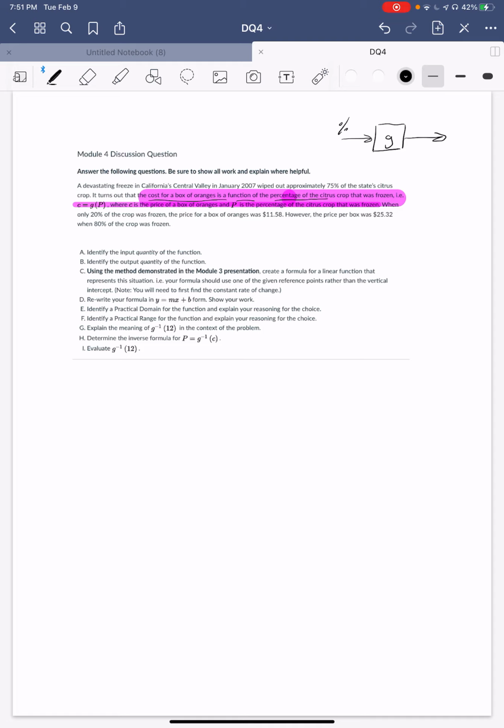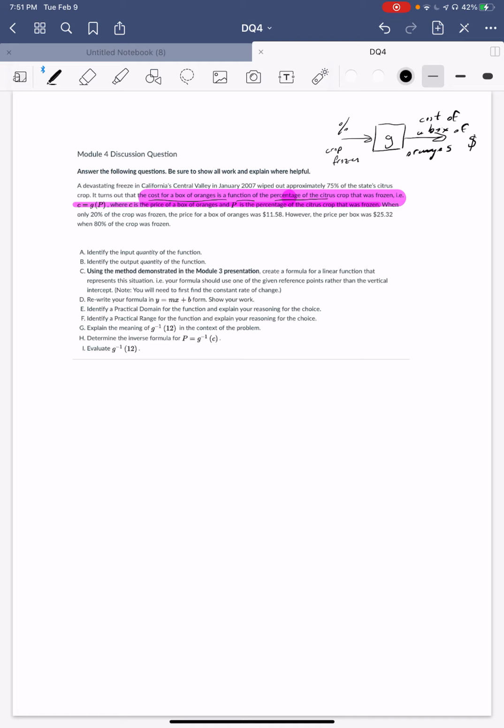So the percentage of the crop that was frozen is the input into my function, and the cost of a box of oranges is the output. We have to be specific here and state the units. The units are dollars. So the cost of a box of oranges in dollars is the output of my function.